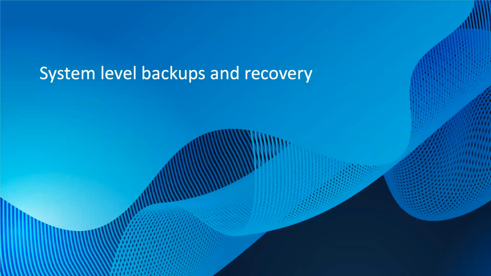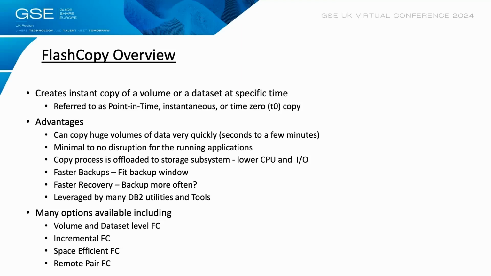And FlashCopy, for those who don't know, is something I didn't know until recently. It creates an instant copy of a volume or a data set at a particular point in time. Time zero is how I've seen it.